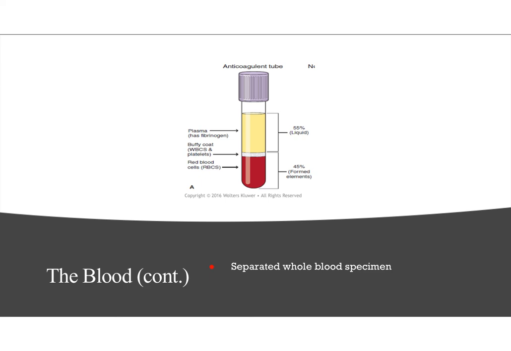So it's a little more than half liquid, and the rest are those cells that we can see under the microscope, okay? This is important to know that when you separate blood, you get red blood cells on the bottom, Buffy coat above the red blood cells, and plasma on top of the Buffy coat. That is when you separate a whole blood sample. All right? This is what it looks like separated.